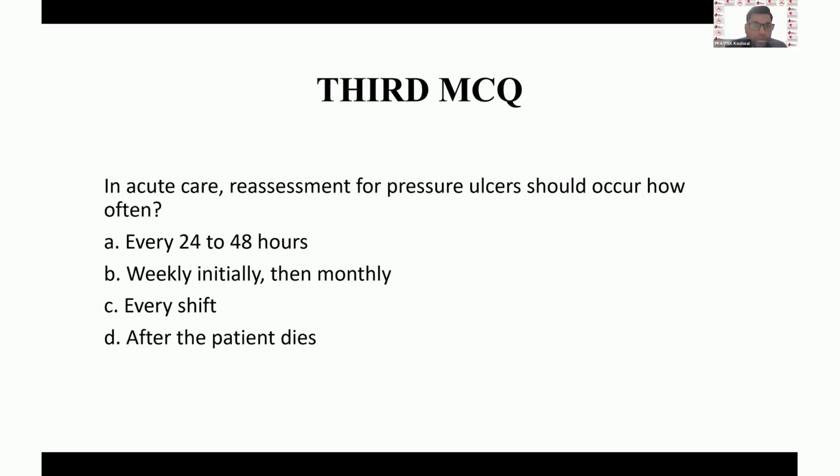The third MCQ is: in acute care, reassessment for pressure ulcer should occur how often? Every 24 to 48 hours, weekly initially then monthly, every shift, or after patient dies. I have mentioned this in my slides.